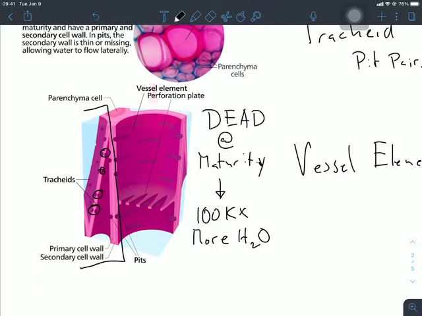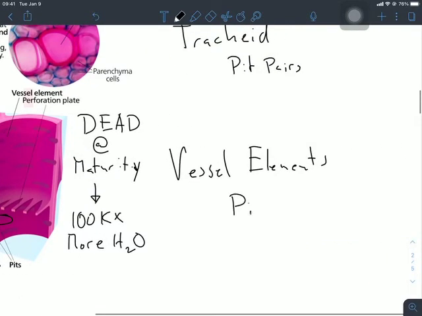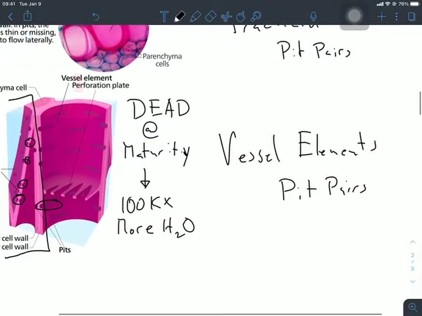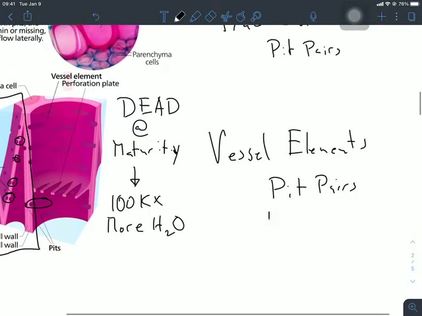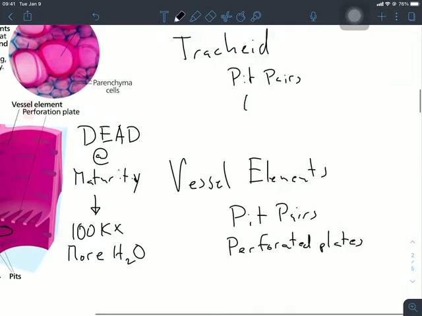You have much larger pits in your vessel elements, so these still have pit pairs, in many cases a fair bit larger, but they also have perforated plates. Versus the end walls that we find in tracheids.